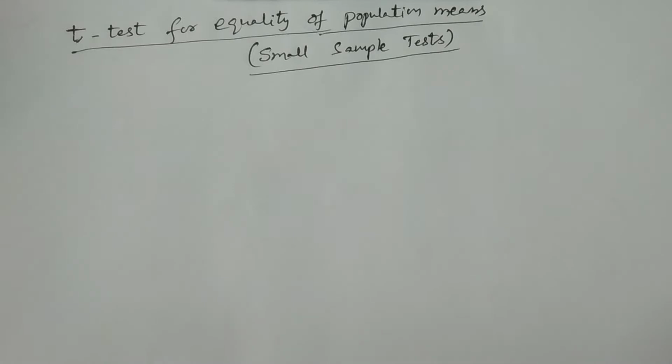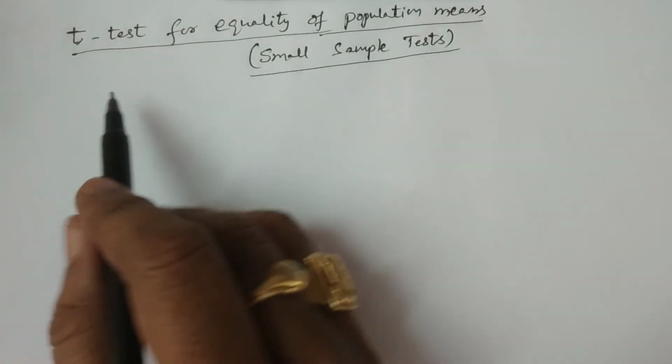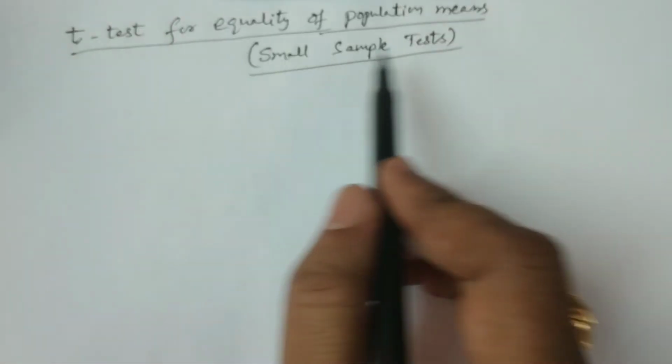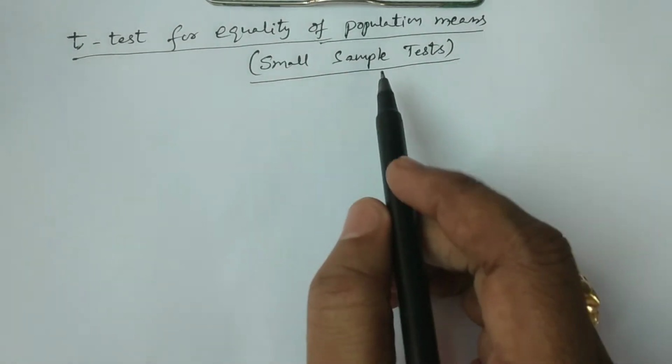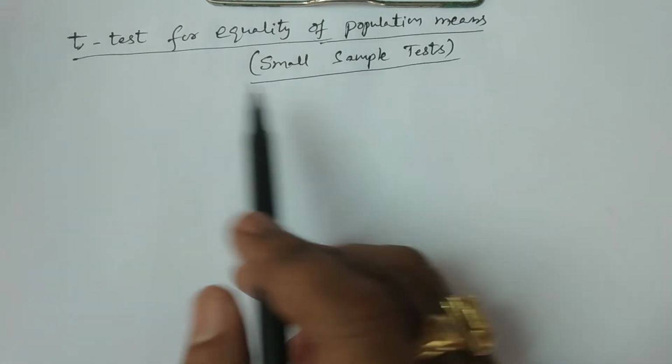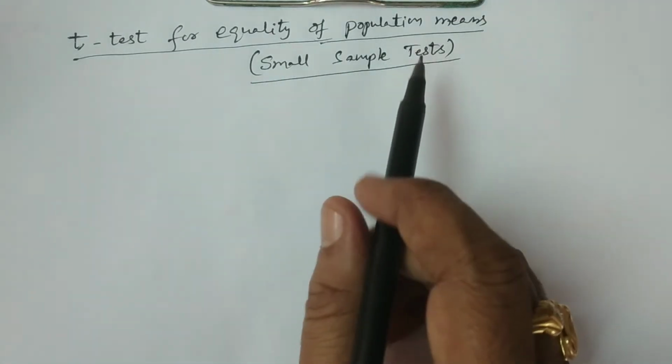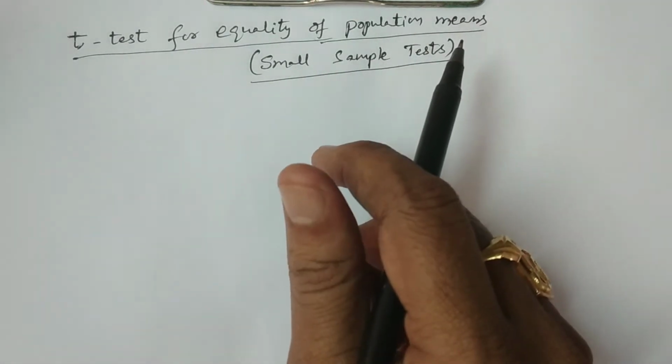So in this lesson I explain the t-test for equality of population means. This is a small sample test. The t-test for equality of population means means we consider two populations.